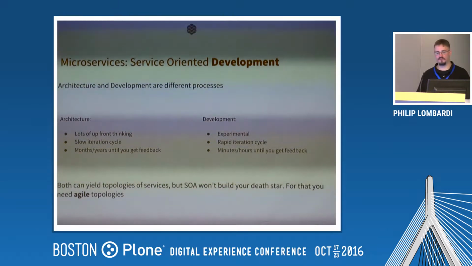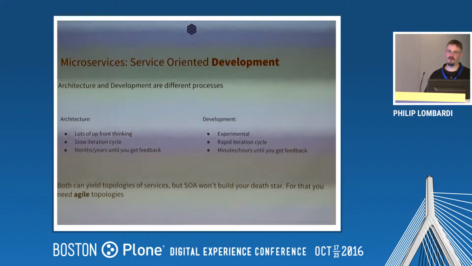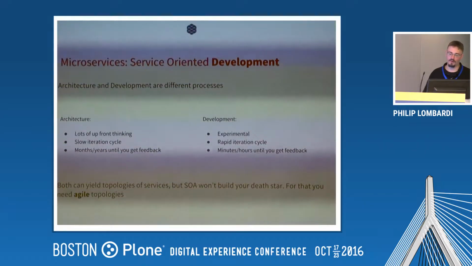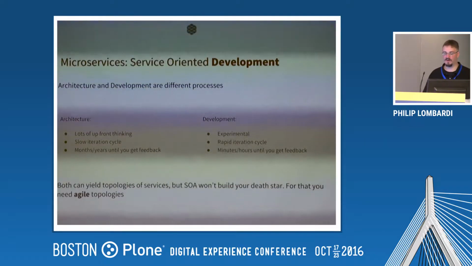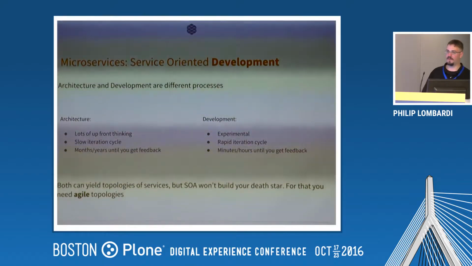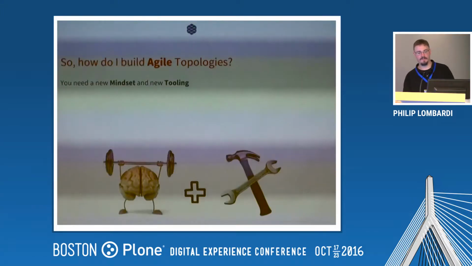You build little features that solve problems you have, get them out there, and do rapid iteration cycles on those little features, hopefully looking at minutes, hours, and in the worst case only weeks to get feedback, compared to months and years. Both can yield topologies of services, but that SOA strategy won't let you build your Death Star. You need to be agile about that.